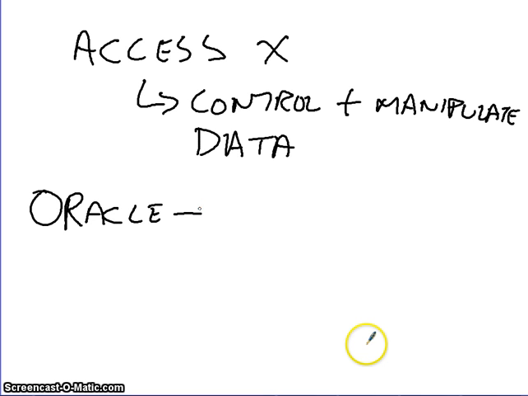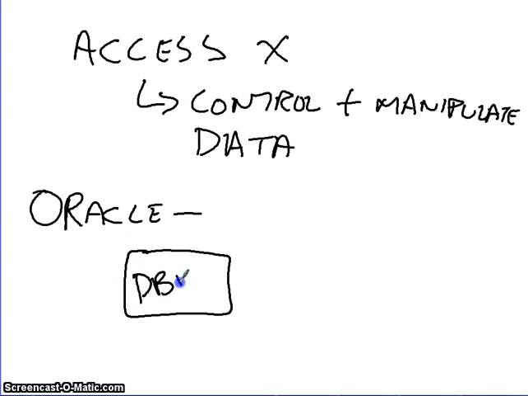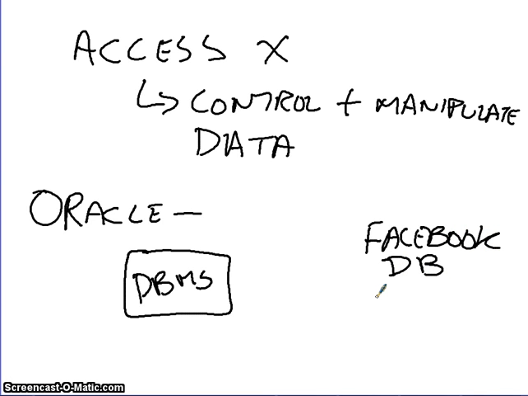Now, the way I explain this to people is, if Oracle is my DBMS and Facebook works on Oracle, imagine that the Facebook database is miles and miles of computers. It's hundreds of computers because we have to store data on 800 million people.